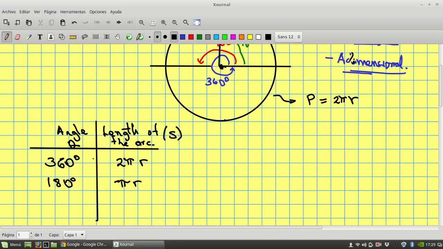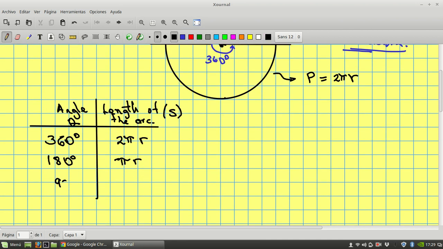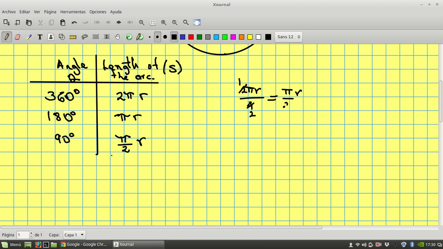So in our table, 90 degrees equals pi halves times r. Let me do it step by step: 2 pi r, the whole circumference, divided by 4, gives pi r over 2.